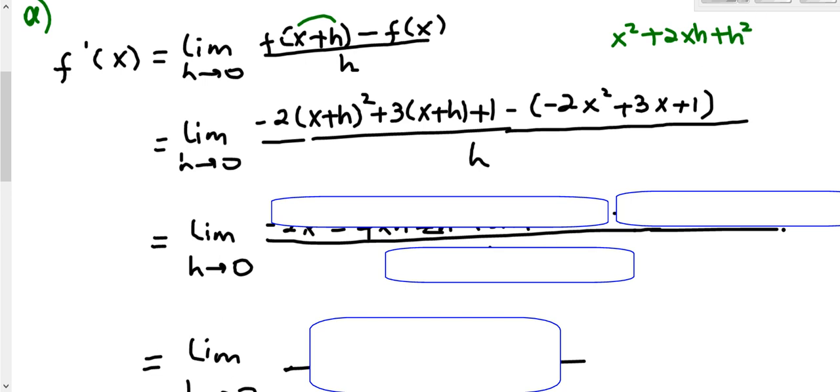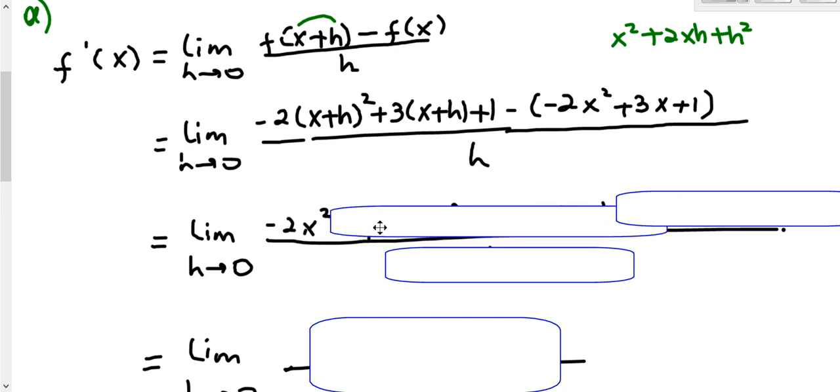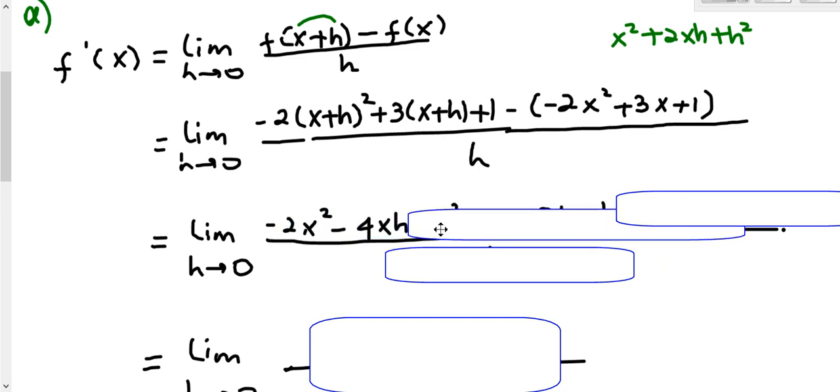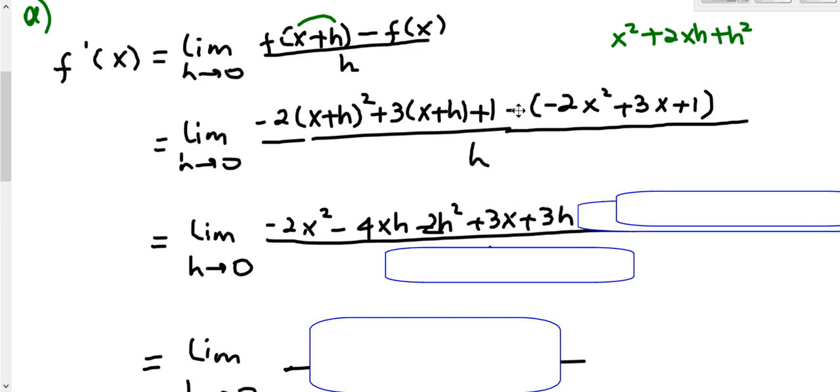But don't forget now to distribute negative 2 to each and every term. So negative 2x squared minus 4xh minus 2h squared. And then distribute the 3x plus 3h. And don't forget the plus 1.